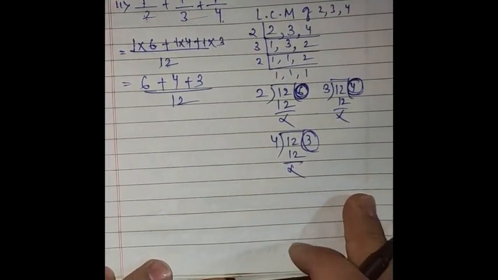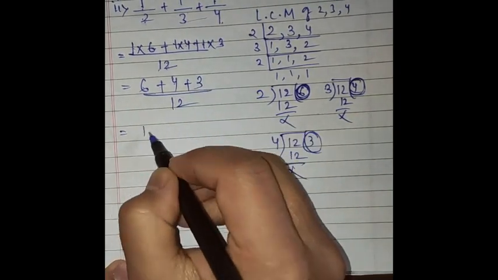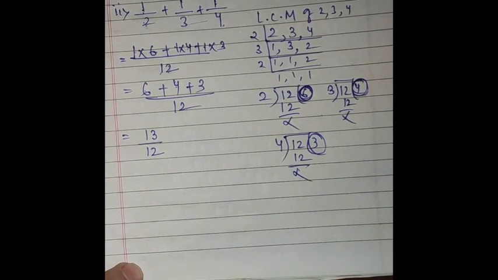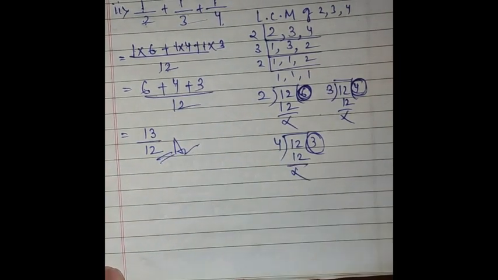Alright. So next what we can do? 6 plus 4 is 10, 10 plus 3 is 13 divided by 12. Okay. So if such is the condition, no need to classify here. If the question asks to classify it, whether it is proper or improper, then only you will classify. Just do this and write the answer.